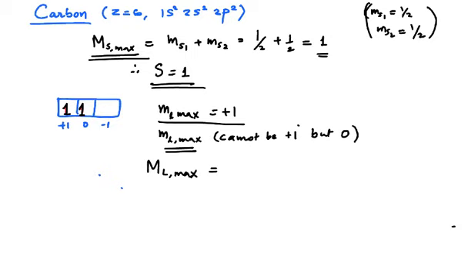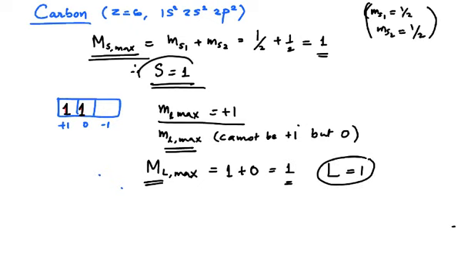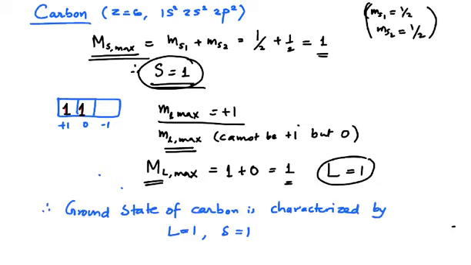Therefore, capital Ml max for the 2 electrons will be simply 1 plus 0 equals 1. And when Ml value is 1, that is L equals 1. So L equals 1 and S equals 1 is the ground state of carbon.